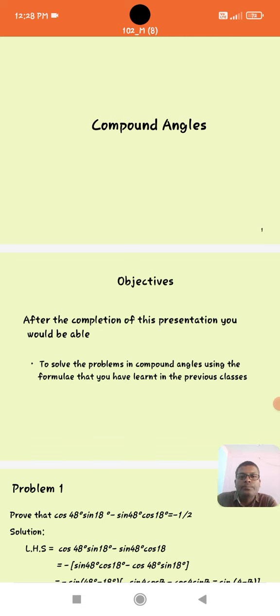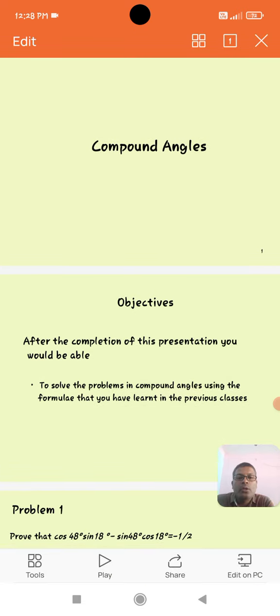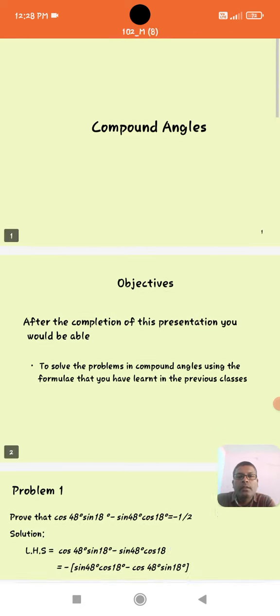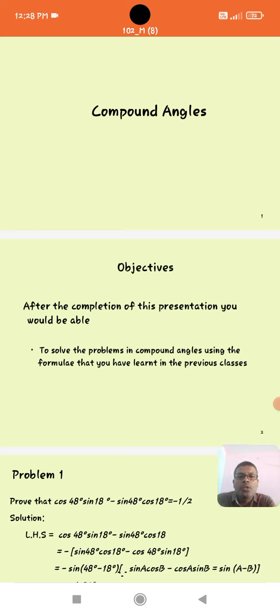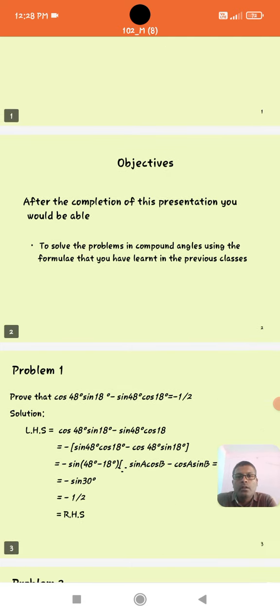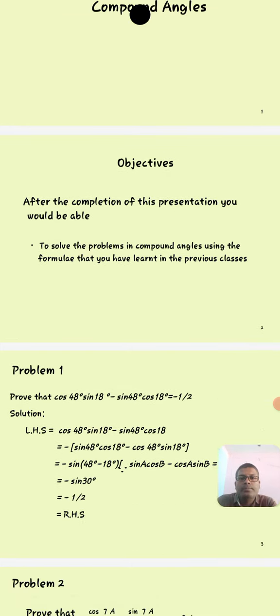Today, depending on the last class formulas, we solve different types of problems in compound angles. Okay? Yes, we start the class. Compound angles. Objectives.